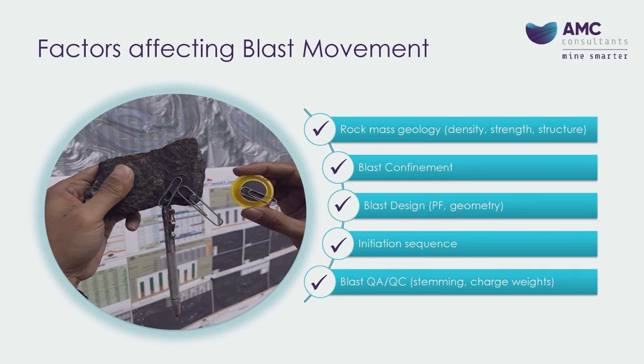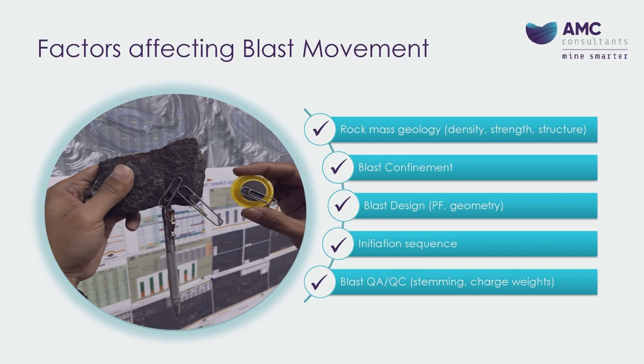So what are the factors affecting blast movement? There are many factors, starting with the rock mass itself. So the strength of the rock mass, the density of the rock mass, the structure. So you can imagine a rock mass predominantly made up of clays or sand material is going to move very differently to a hard homogeneous rock mass of, say, granite or diorite.